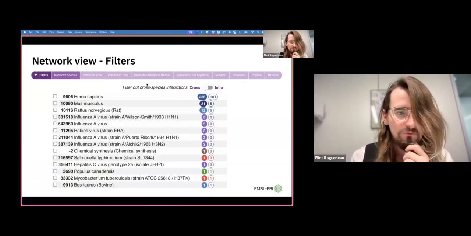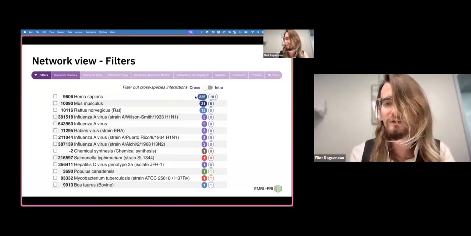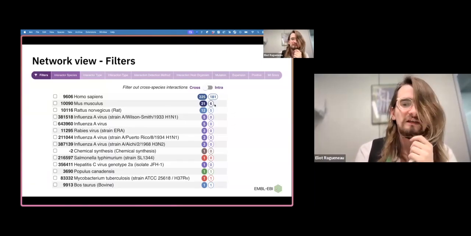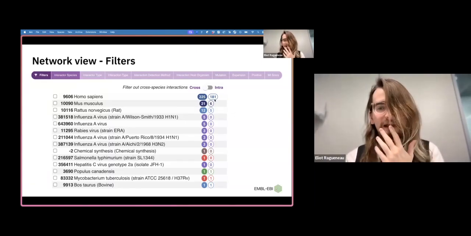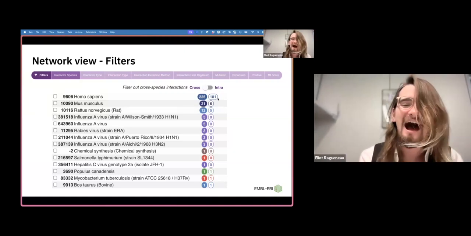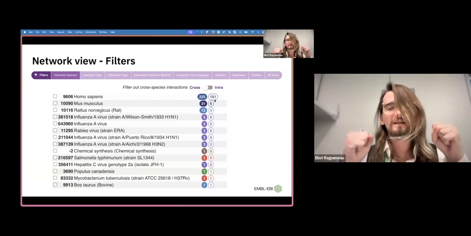So you can see here, for instance, in this specific example, that we had 225,000 different interactions involving at least a human, but only 181,000, sorry, my numbers are messed up, which are really between human and human interacting.